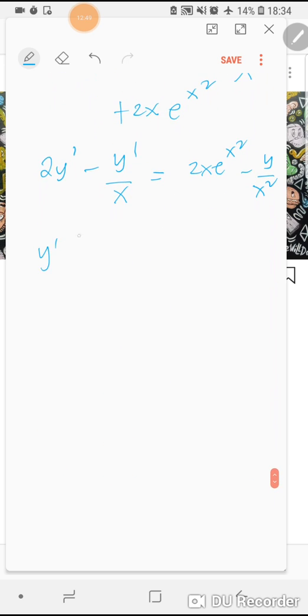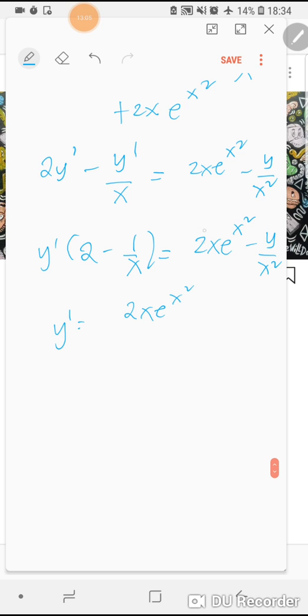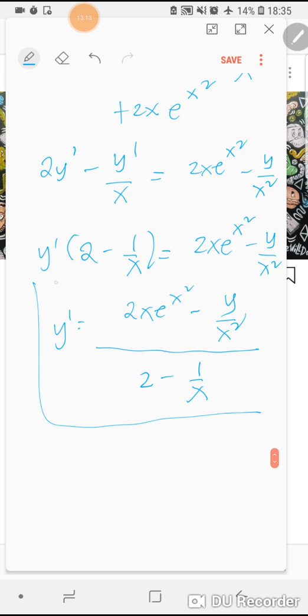Simplifying by factoring it out, 2 minus 1 over x is equivalent to 2x e to the power of x squared minus y over x squared. Then finally isolating y prime in just one expression over 2 minus 1 over x. So that would be the answer already.